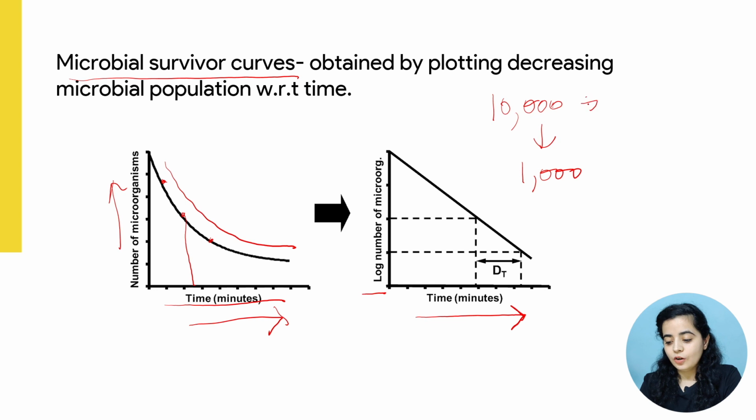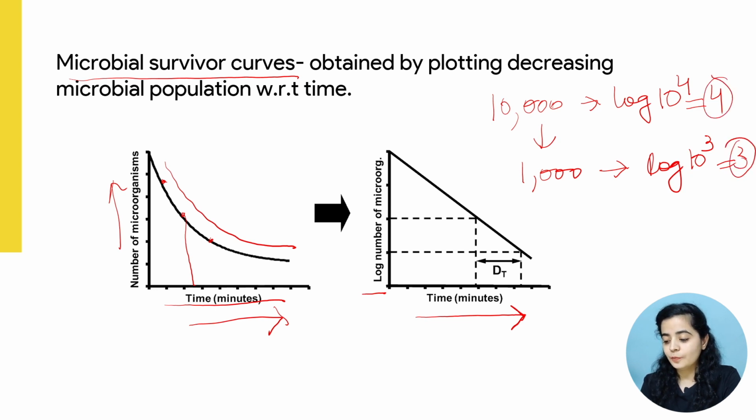If we take the log with base 10, it is log of 10 raised to the power 4, and log of 10 raised to power 3. When we simplify, we get 4 and 3, which are comparatively easier for our calculations than 10,000 and 1,000.